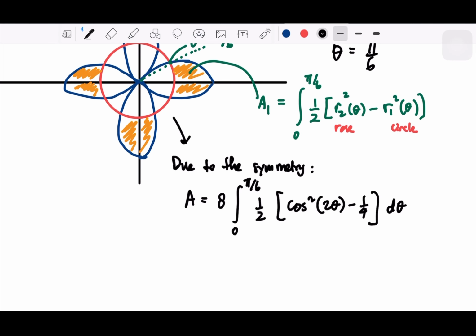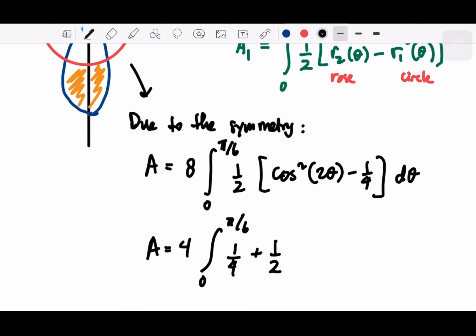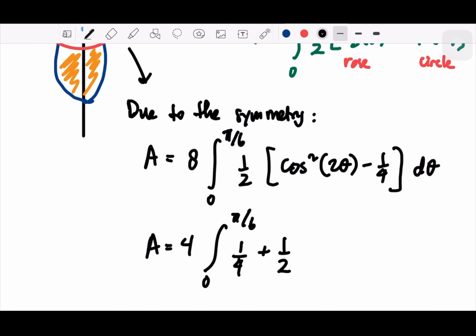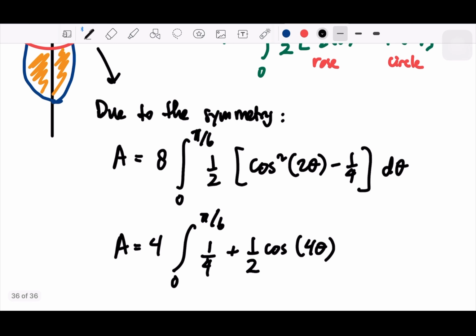This will be A equals 4, and we can integrate one by one, and then using the double angle formula, we can take 1 over 4 plus half cosine 4 theta, and then d theta.